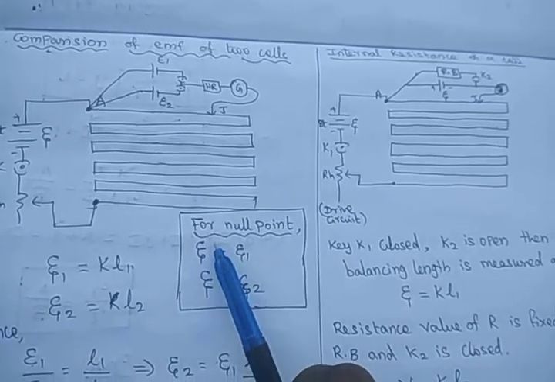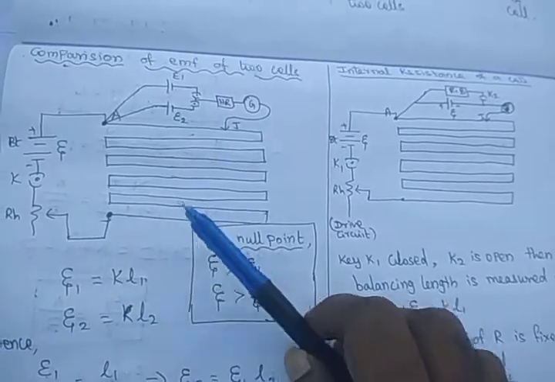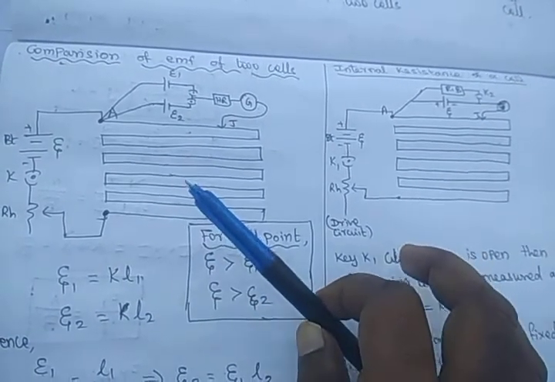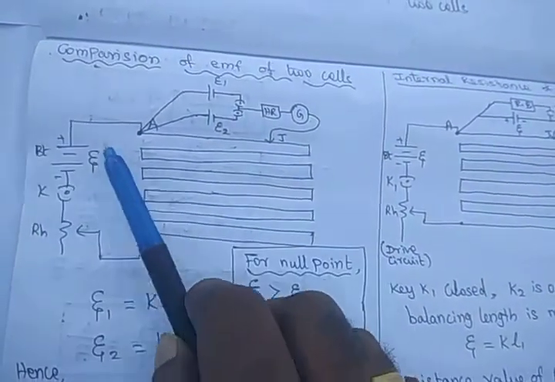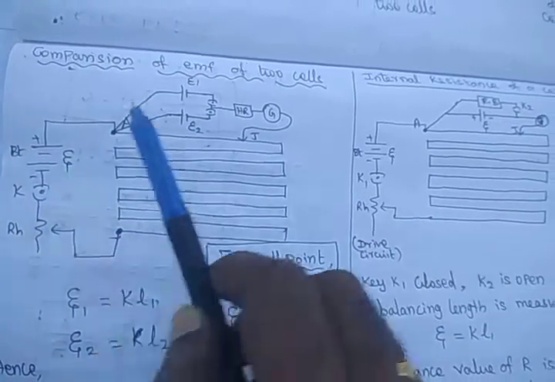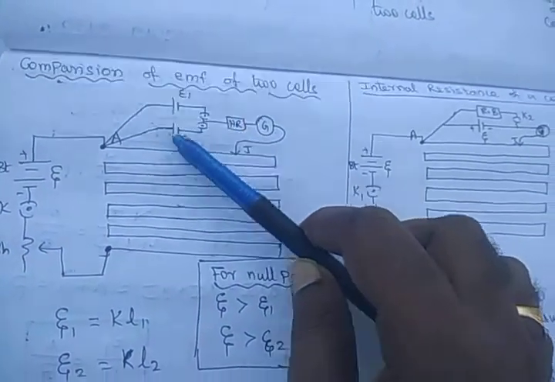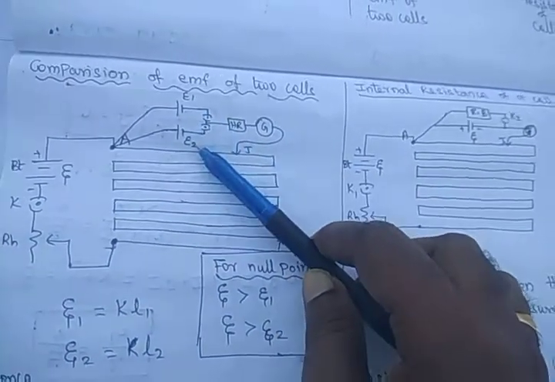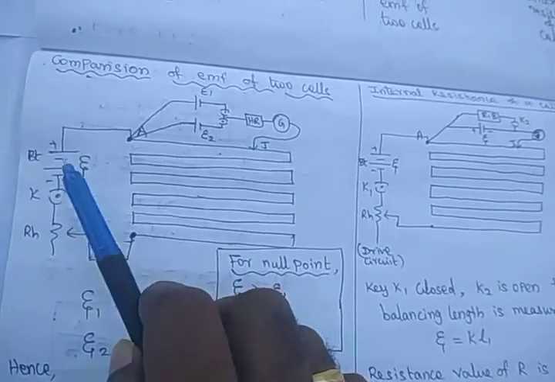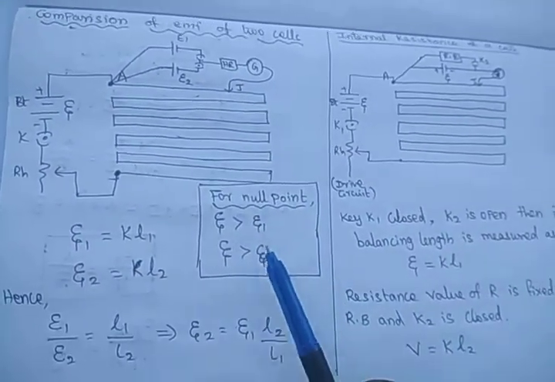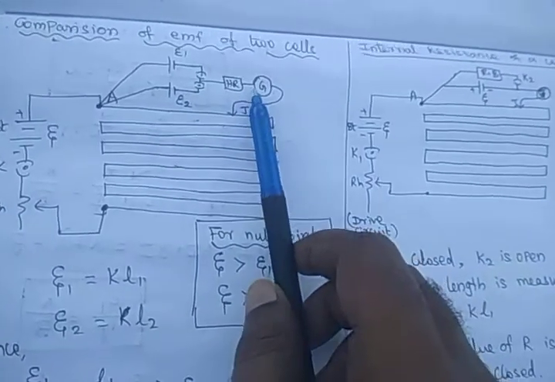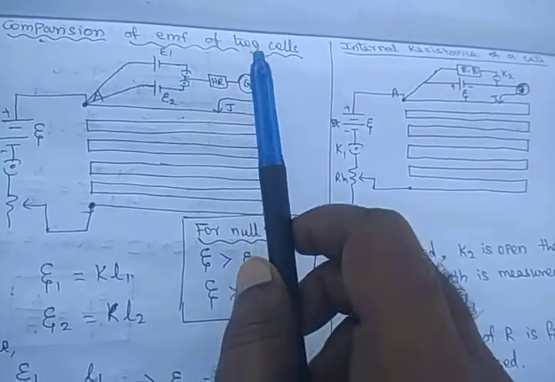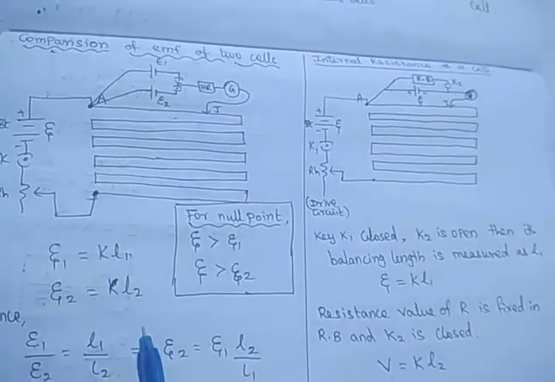For the null point to be very clear, with no mistake, the battery EMF must be greater than the EMF of the two cells E1 and E2. Definitely this E should be greater than E1 and E2. That is a condition for null point. Null point means the galvanometer shows zero deflection; that point is called the null point.